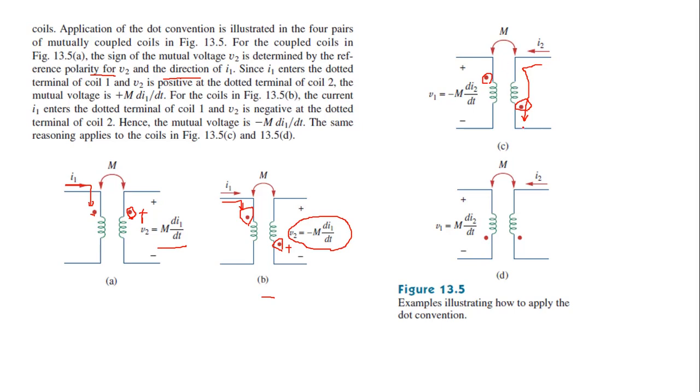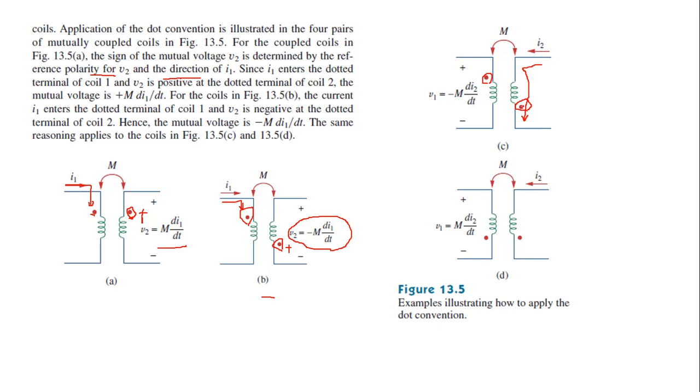With respect to the coil you have to see, not this dot, with respect to the coil. So in this case the dot is placed here, so the current enters the dotted terminal. Whereas in this coil the dot is placed at the bottom, so here the current leaves the dotted terminal of the coil.